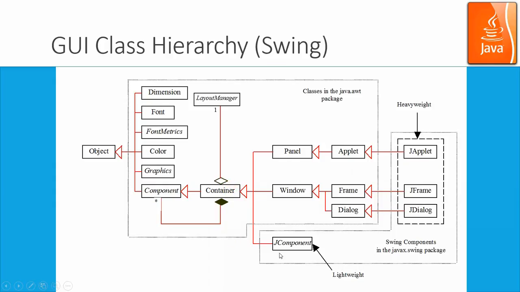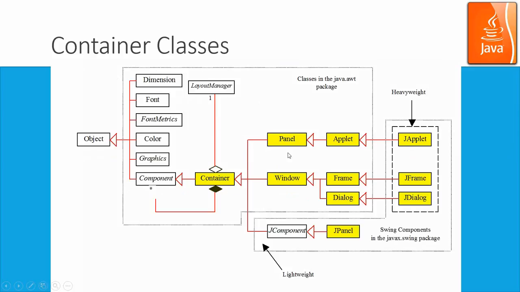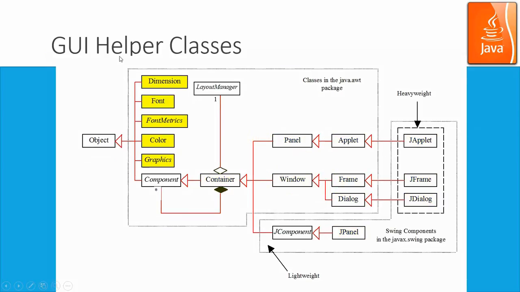So Swing package actually is an extension of the AWT package. And here are the main windows and the components in the AWT and helper classes. So container classes are the yellow parts. Helper classes are these different functional classes over here in yellow.